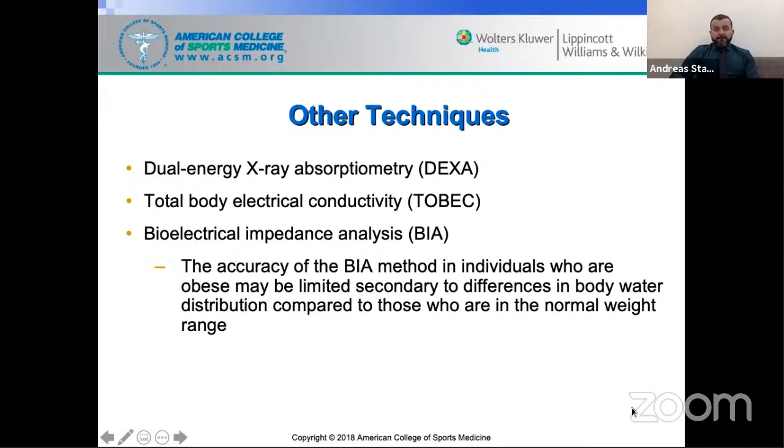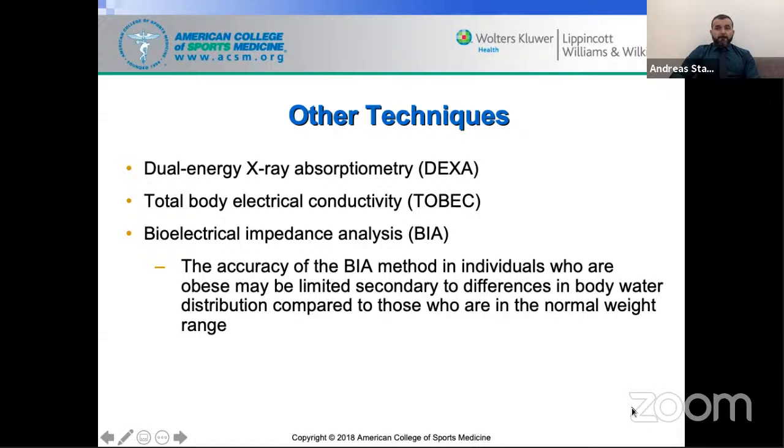DEXA is an X-ray. I've done DEXA measurements on myself a lot of times. It's pretty good and shows you also the bone density. BIA: what I want you to remember from BIA in general is that it has to do with water, as a conductor.